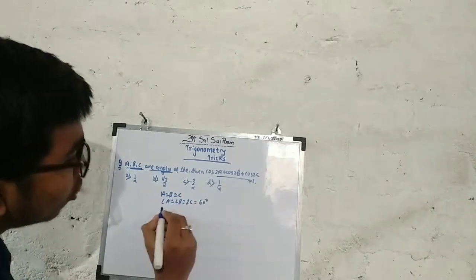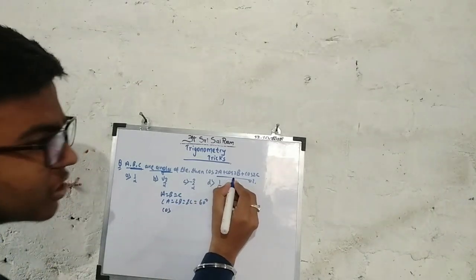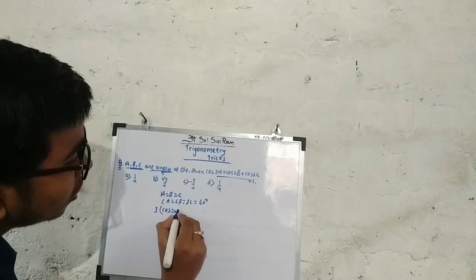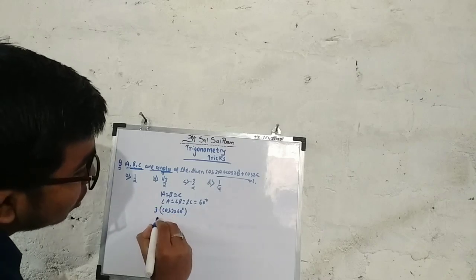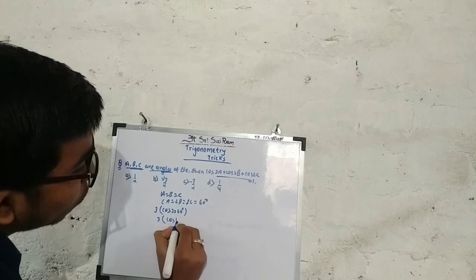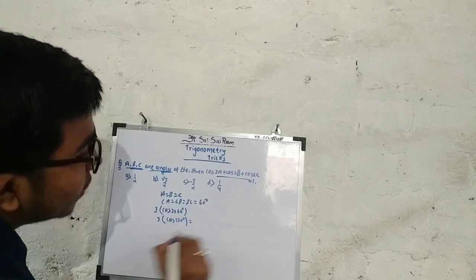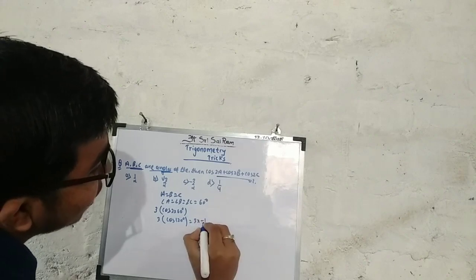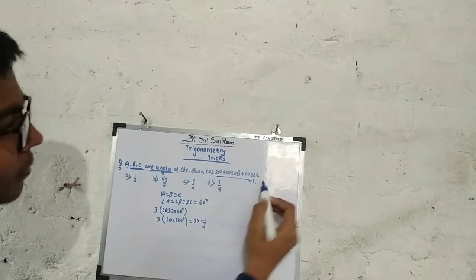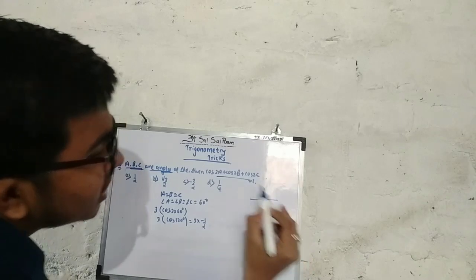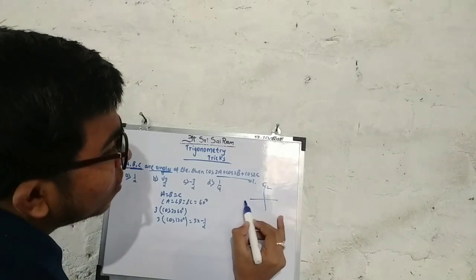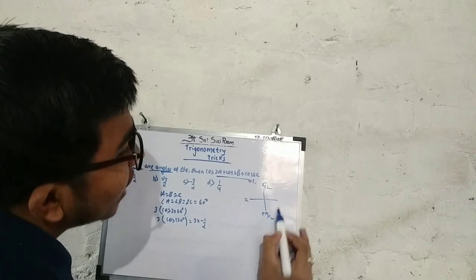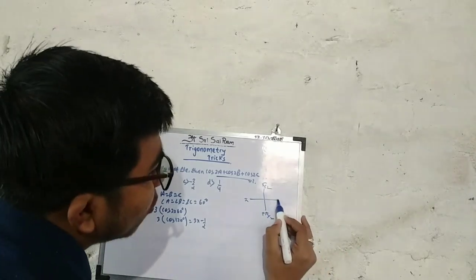So cos 2A plus cos 2B plus cos 2C, since these are equal, I put 3 here. Cos 2 into 60 degrees, right? So 3 into cos 120 degrees. This is nothing but 3 into cos 120, which is minus 1 by 2. Because remember, consider this quadrant, pi by 2, then pi, 3 pi by 2, and this is 360, means 2 pi.